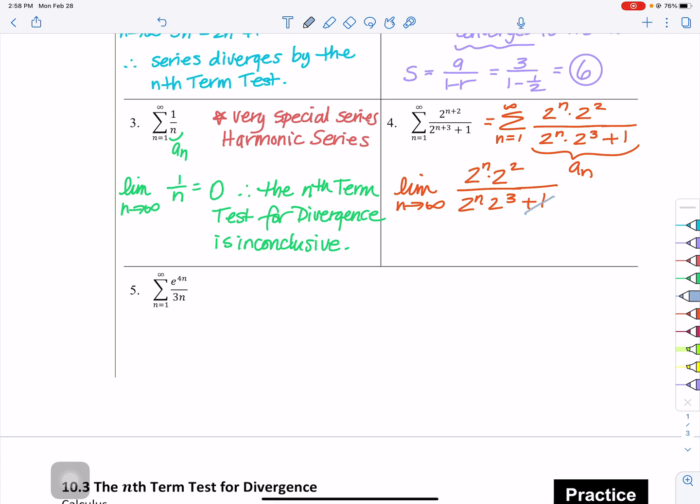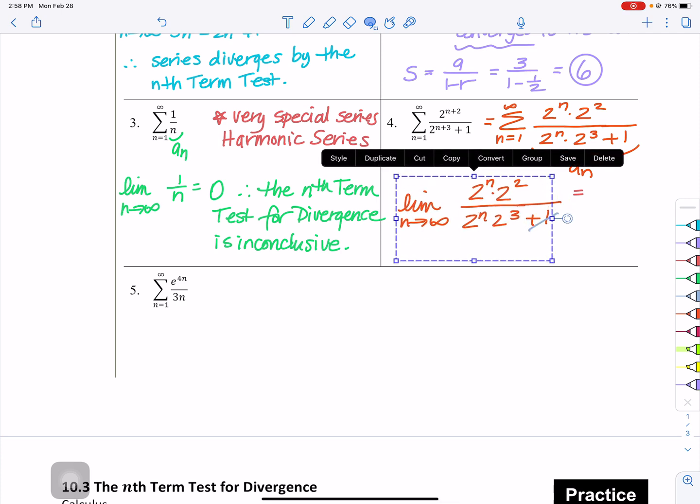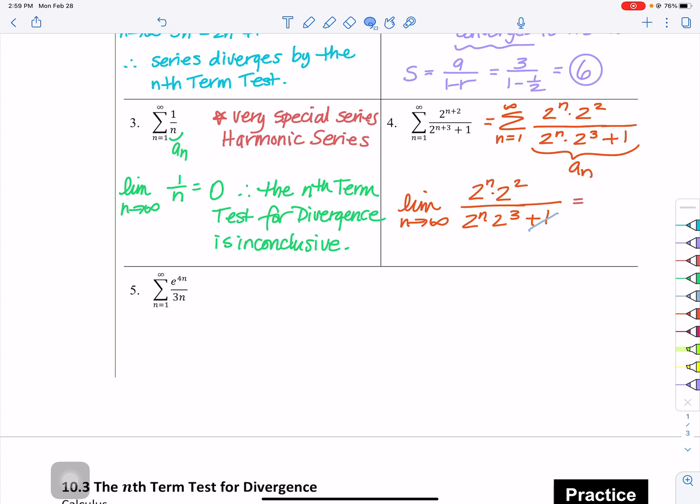So then you can see we have 2 to the n canceling, and we end up with 1/2. And 1/2 is not equal to 0. Therefore, the series diverges by the nth term test.